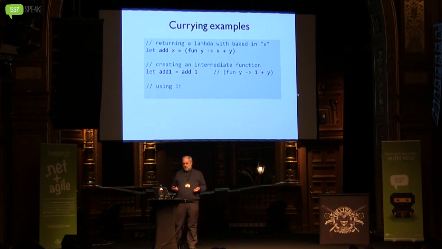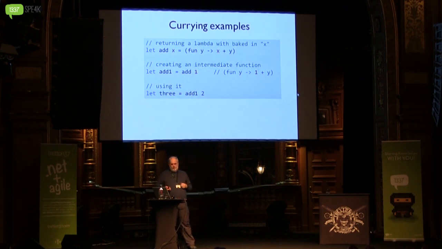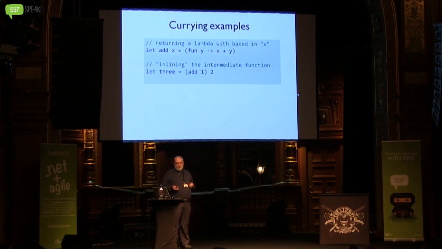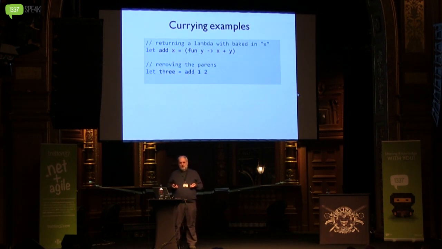So now we have an add 1 function, and we can call it, same thing, 3 is add 1 of 2. But what's cool is we can not bother to create the intermediate add 1 function, we can just inline it, right? So we add and put the 1 and then the parentheses, or we can even get rid of the parentheses altogether and say add 1 space 2.